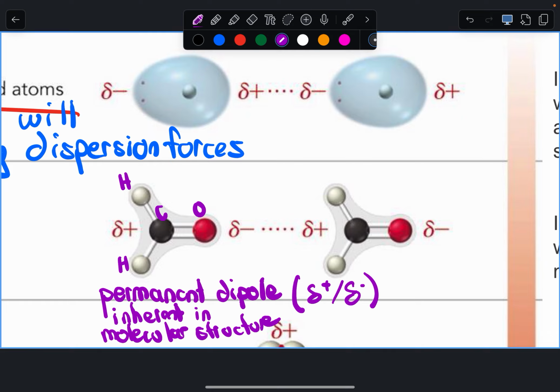Same thing happens with water: the hydrogen side gets attracted to the oxygen side of a nearby molecule. That is the intermolecular force. The attraction between the partial negative charge of one molecule and the partial positive of another is your dipole-dipole force. So in this case, the intermolecular force is dipole-dipole.